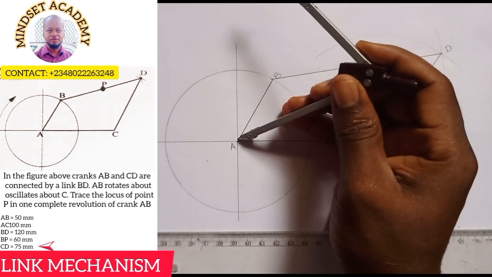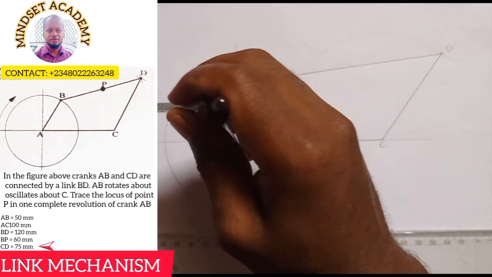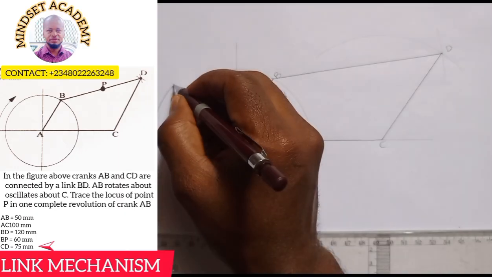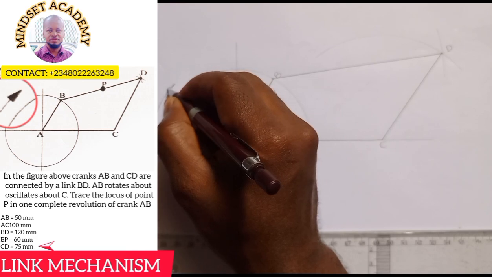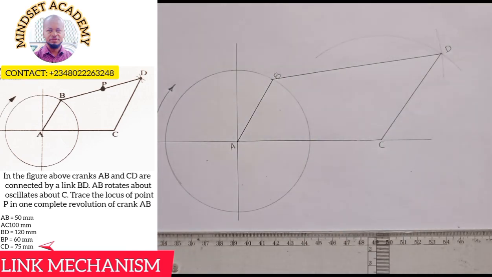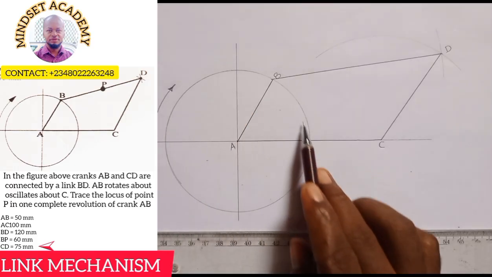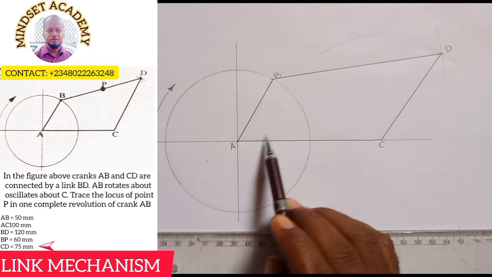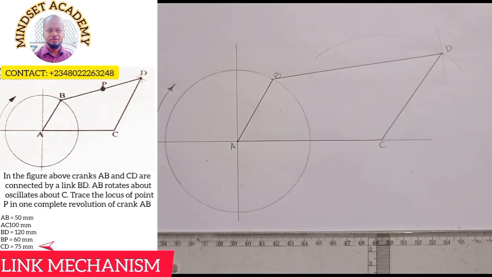Having it in mind that this crank is going in a clockwise motion, so it's moving this way. So what are we going to do? It says this is going clockwise, that means B moves from B back to B. So I'm going to divide here into 12. Are we there?